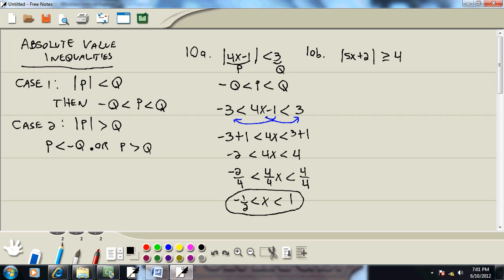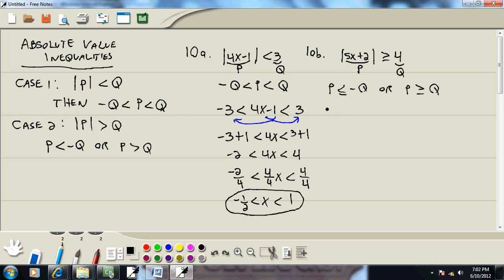This is what our formula is going to be, except we're going to have the line underneath these. That's P and that's Q. So our formula will be P is less than or equal to negative Q, or P is greater than or equal to positive Q. Now again, that does not mean that you can choose one or the other. You have to do both sides.